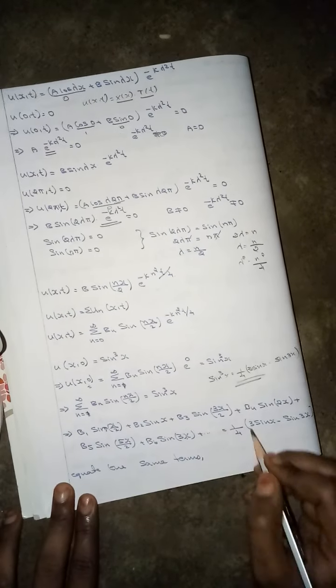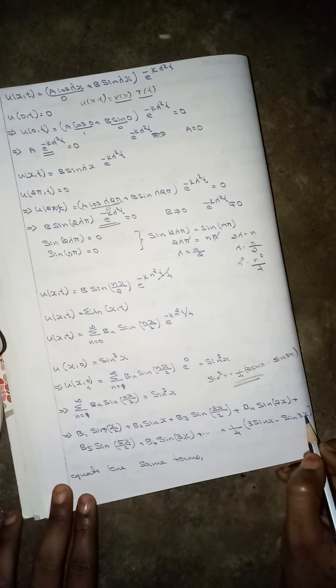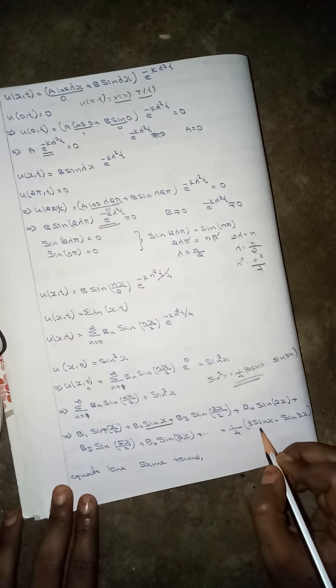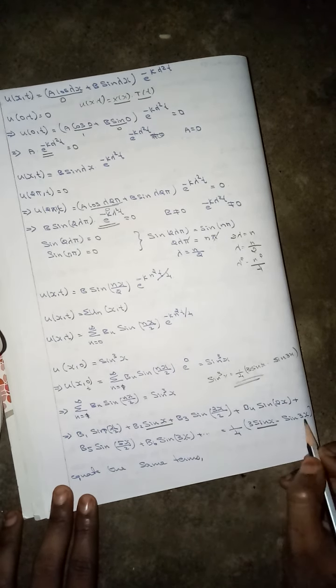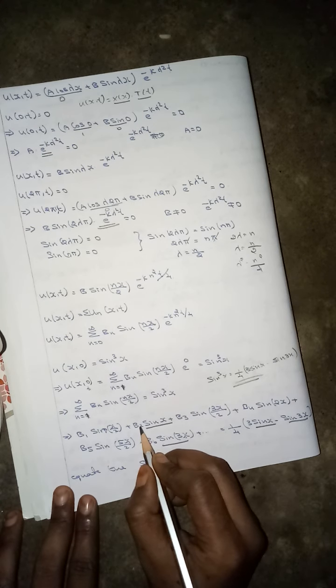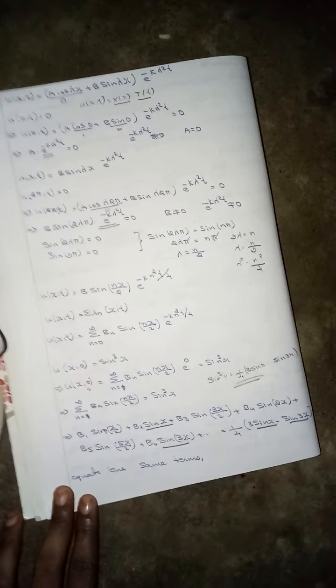We get b1 is equal to 0, b2 is equal to 3 by 4, b3 equal to 0, b4 equal to 0, b5 equal to 0, b6 is equal to minus 1 by 4. We only get two values because sin x and sin 3x are in the right hand side. So sin x is equated with sin x, and sin 3x equated, we only get the values for b2 and b6.